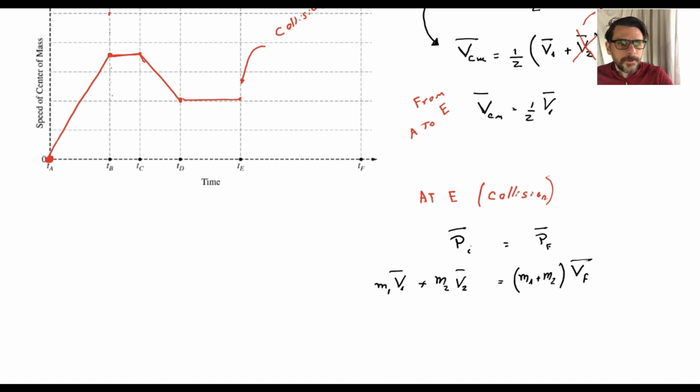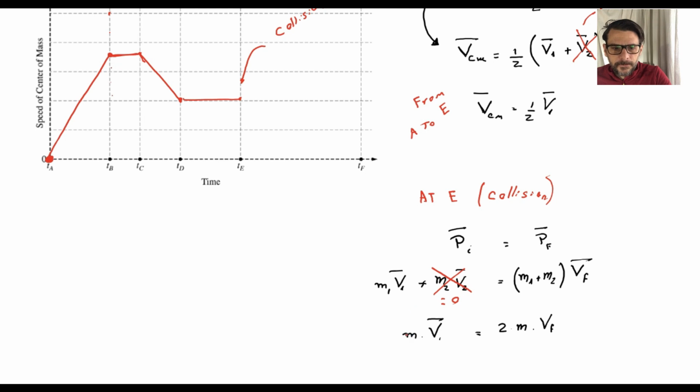Now, in this problem, we know that before the collision, there is no speed of the second object. So this is zero. And we also know that the masses are identical. So instead of writing mass 1 and mass 2, I can just write mass. So mass times the velocity of the first object right before the collision, that would be the velocity right before reaching point E, equals 2 times mass, whatever that mass is, multiplied by the velocity of both objects, the velocity of the stuck-together system, mass 1 plus mass 2.